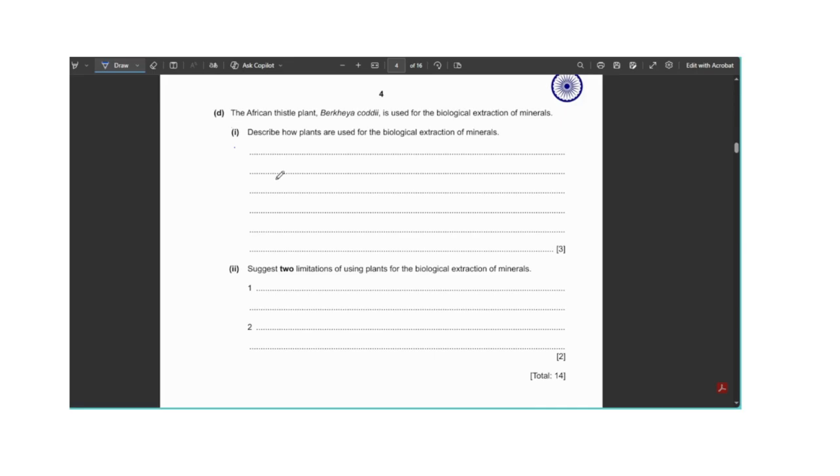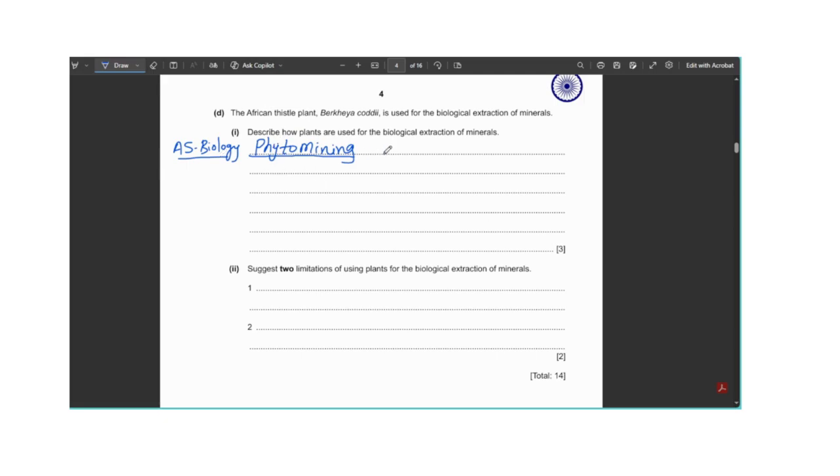But good news: we have it in 0610 IGCSE Biology, and the term is phytomining. This word is also there in AS level biology. So in the new textbook you will find phytomining, and at AS level we also find this topic.